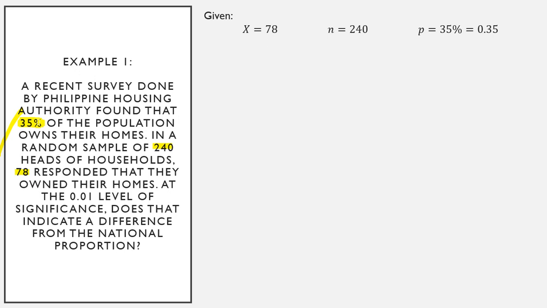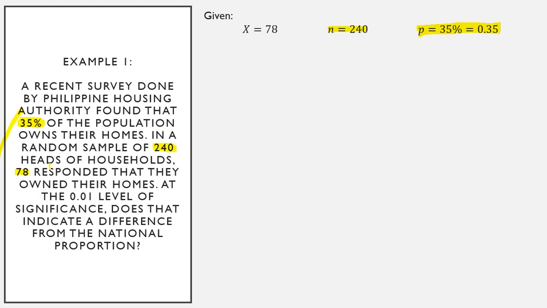So, itong 35% po na ito, siya po yung population proportion. And we need to convert the percentage into decimal po. Lagi po yan. Pagdating sa population proportion, kailangan po lagi po siya naka-decimal po. And then sunod natin itong sinabi na random sample. So ibig sabihin ito po yung sample size natin, which is 240.